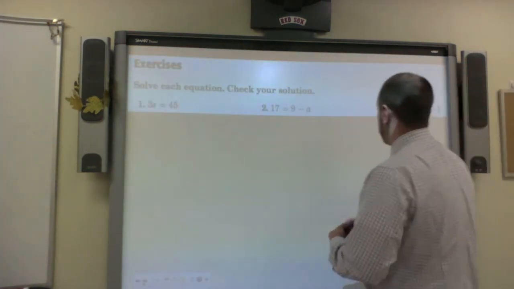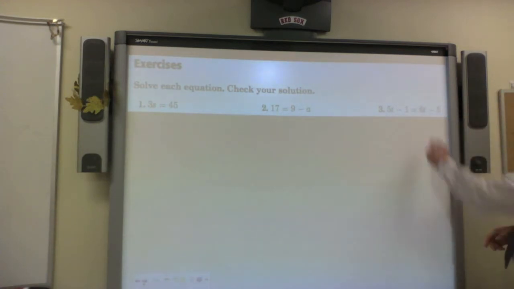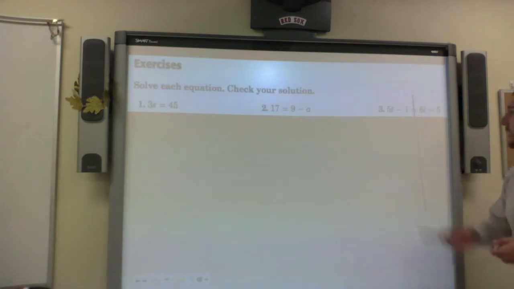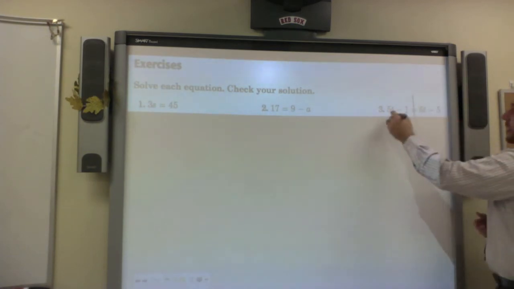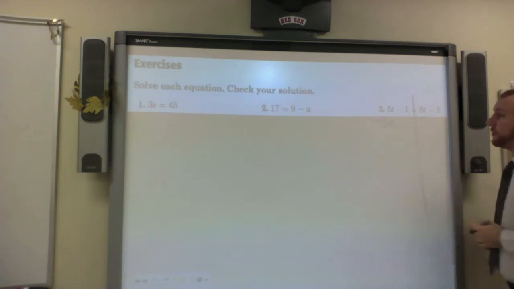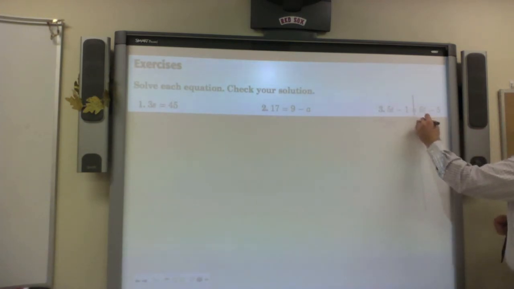The other step is when I have variables on both sides. Remember, I have to combine those first. So the easiest way of doing that is locating the smallest one. In this case, it's the 5t. So I'm going to move that 5t to the other side. Whenever I'm moving something to another side, I have to use the opposite operation. So this is a positive 5, so I'm going to subtract.